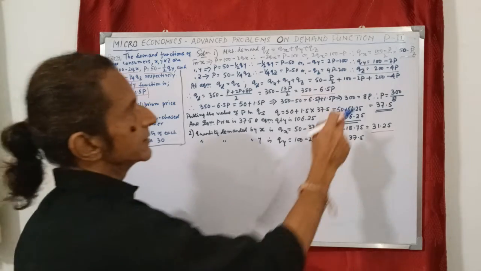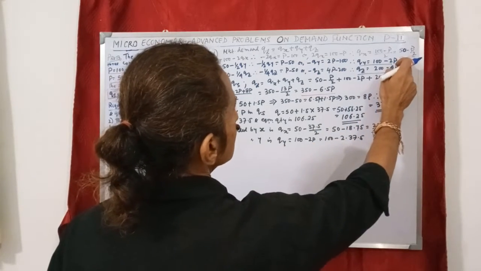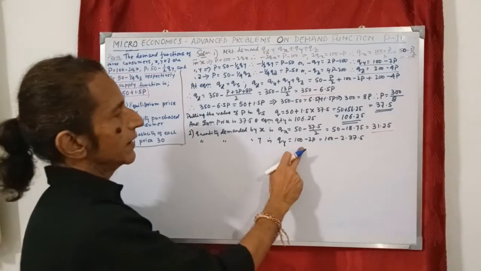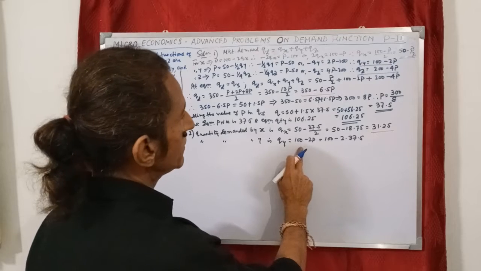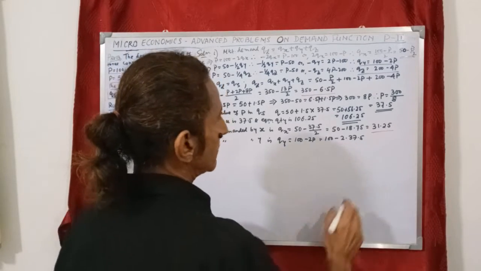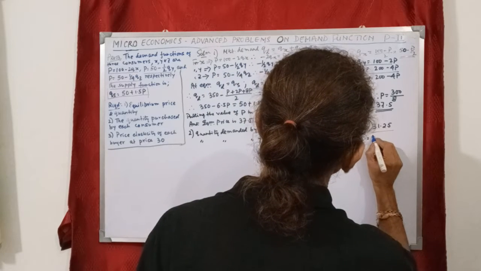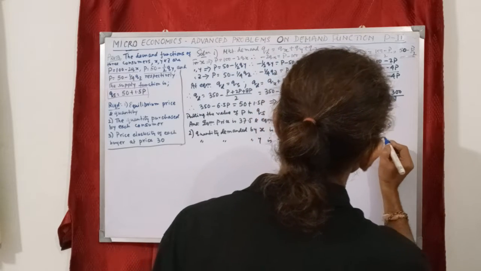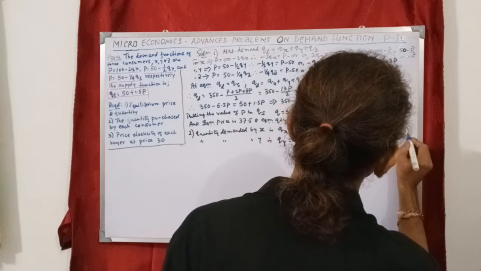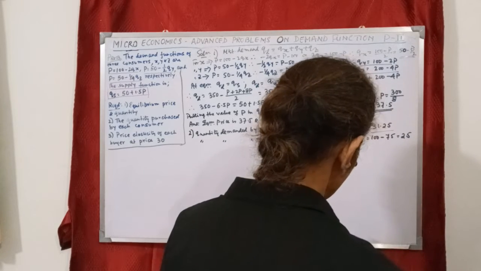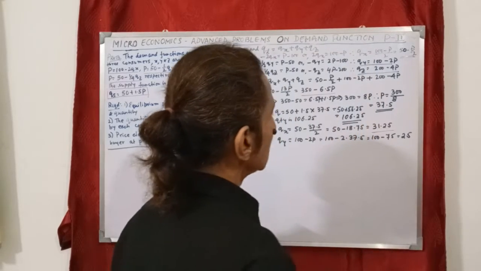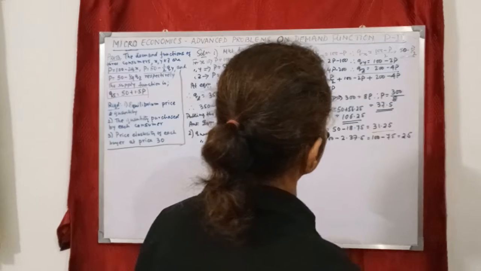Right? This is the quantity demanded by individual Y. That is 100 minus 75, which is 25. So the quantity purchased by individual Y is 25.